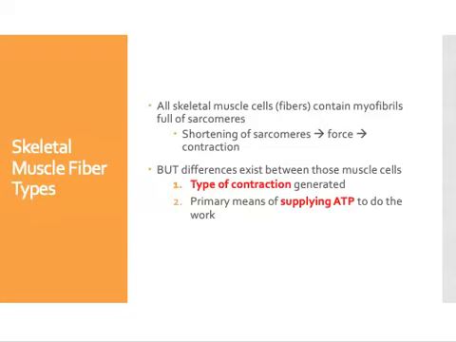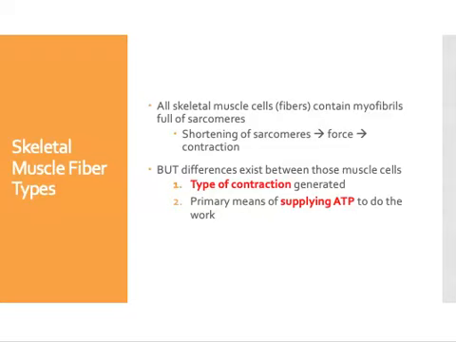Some of them generate contraction differently than others. Now, those differences between the muscle fibers are going to be based on the type of contraction, and by that we mean how powerful it is and how fast it is, and also by where the ATP is coming from to power that contraction.